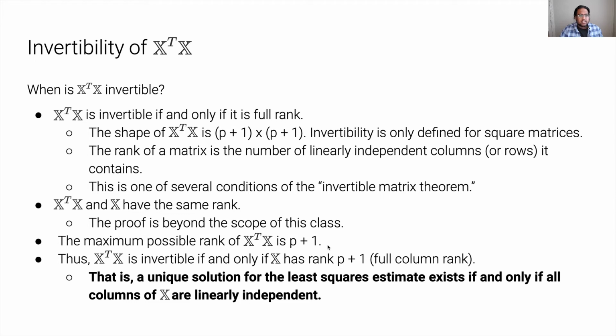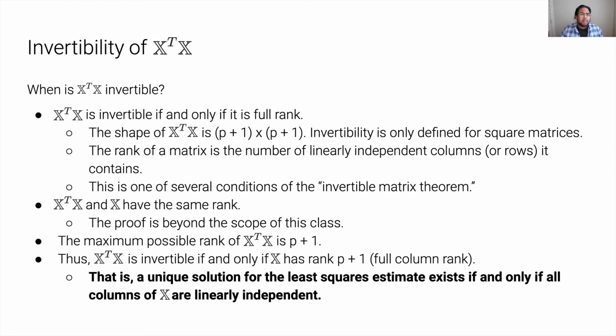As I established, the shape of X transpose X is p plus 1 by p plus 1. That means the maximum possible rank of X transpose X is p plus 1, because the rank is the number of linearly independent rows or columns. And so the maximum number of linearly independent columns, let's say, is the total number of columns, which is p plus 1.